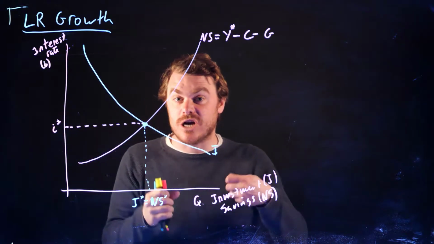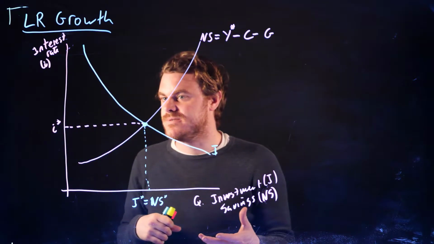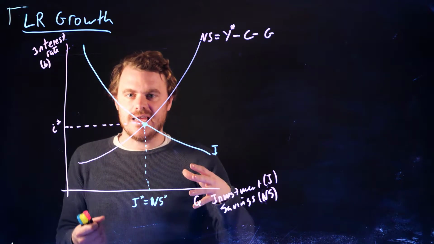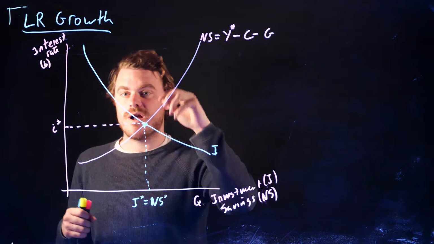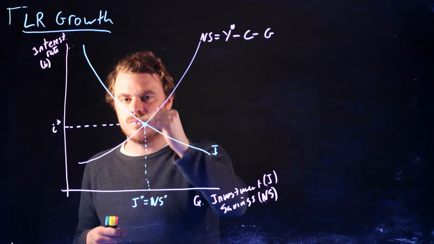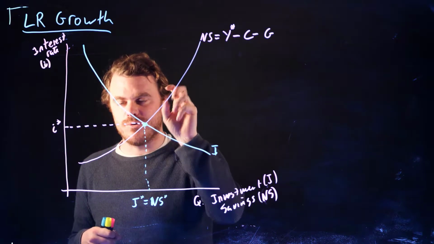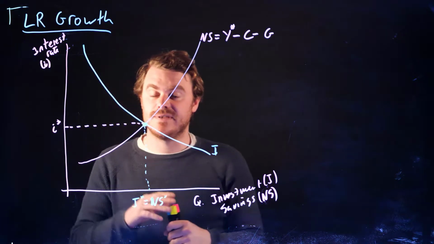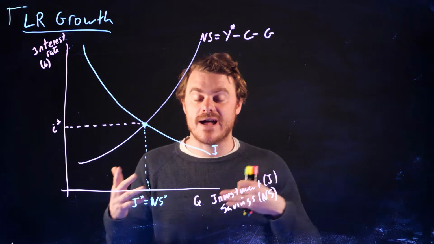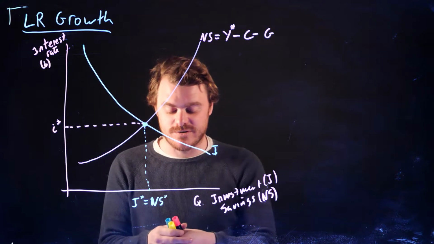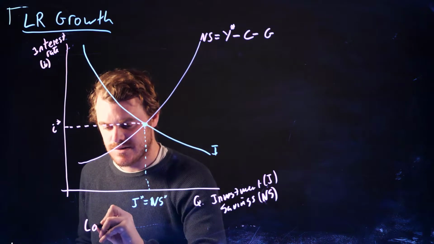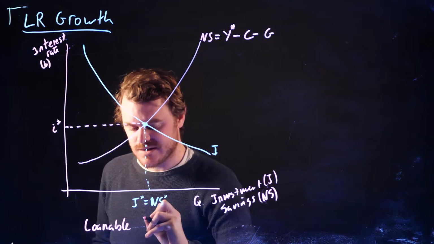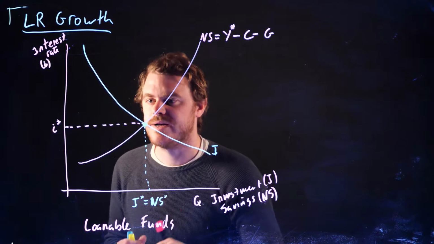So the interest rate is endogenous now, not exogenous. Now, just like any equilibrium, if our price is above or below this equilibrium interest rate, then we're going to have an excess supply or excess demand, in this case for the market for loanable funds.